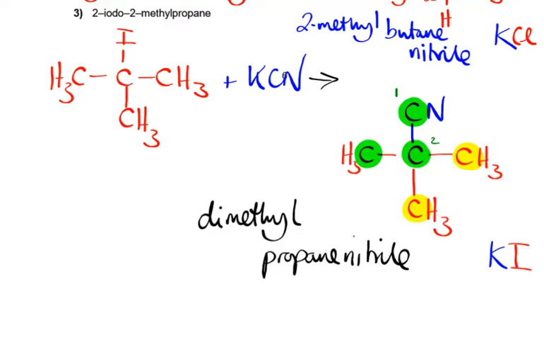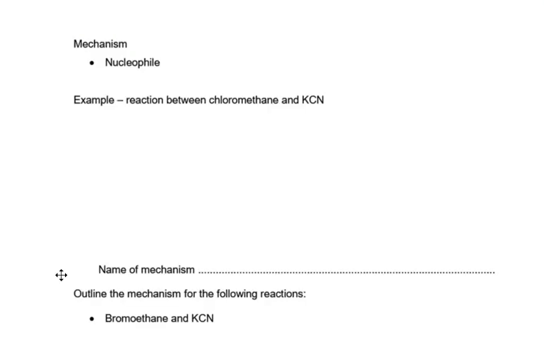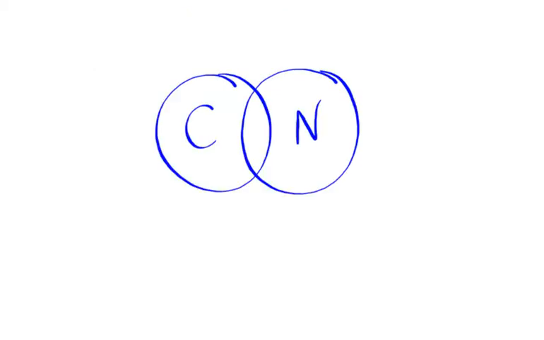Moving on to the mechanism then. The nucleophile is a cyanide ion, which we'd see as CN-. So just have a little closer look at the cyanide ion now. If you're asked to draw a dot cross diagram for a cyanide ion, this might cause a few problems.